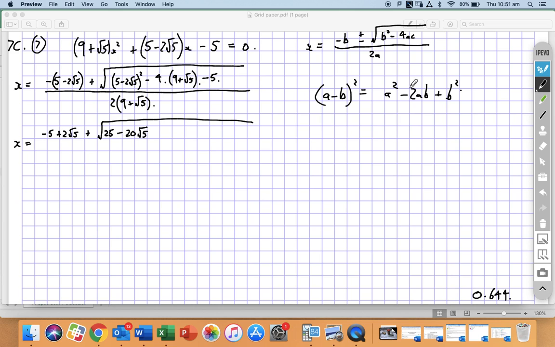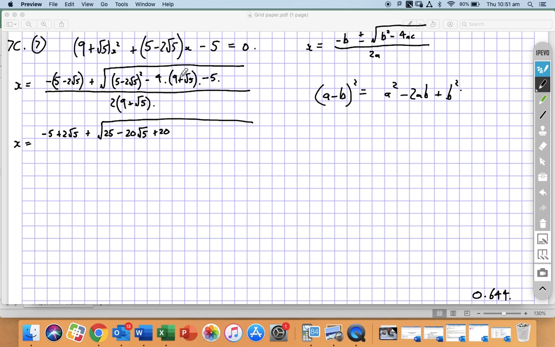And the b squared will be this little beastie here squared, so it'll be plus. We need to square the 2 and square the 5. If I square root 5, I just get 5. If I square the 2, I get 4. So I've got 5 times 4, which is 20.